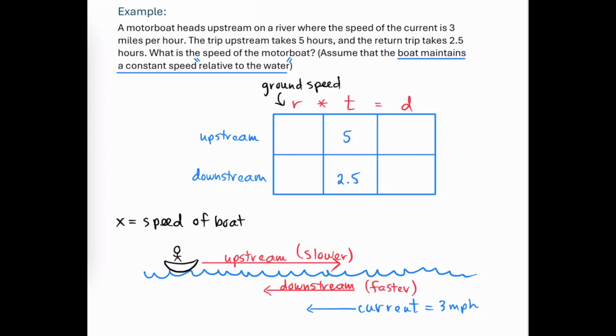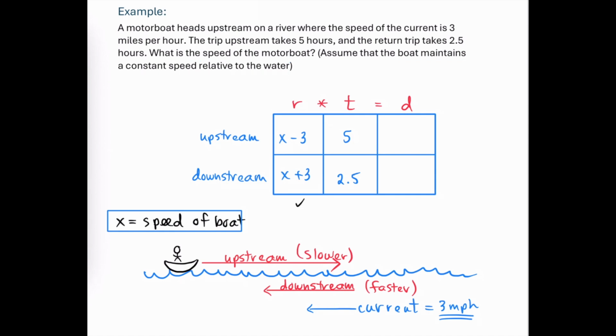Our upstream rate takes into consideration the speedometer reading, or basically the speed of the boat, and from that we subtract the speed of the current to get the actual speed we were traveling upstream. So this would be the boat speed minus the speed of the current as our true speed. When traveling downstream, we have our boat speed being assisted by the current, so we take boat speed and add 3 to that.